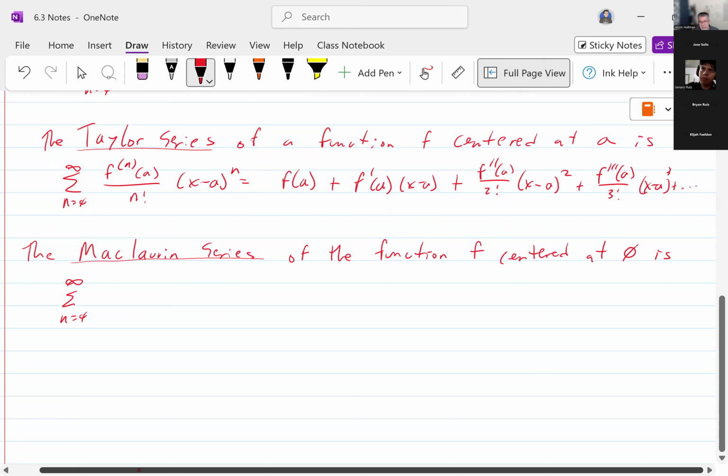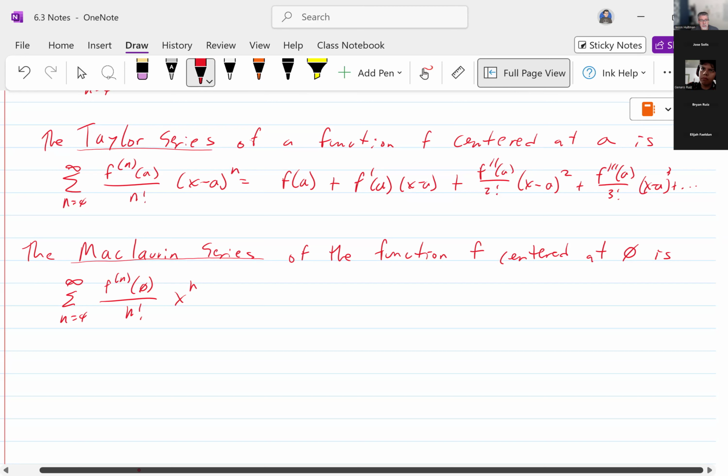Notice that a is 0 basically here. For the Maclaurin series, we're taking the Taylor series and letting a equal 0.